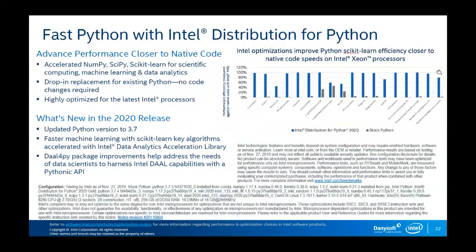So in this slide, more or less, I present the numbers and the gain of the Python distribution for the machine learning library, particularly for the scikit-learn library. Among the new features in the 2020 version of Intel Parallel Studio, we can find updates in Python 3.7 and some improvements in the scikit-learn library, which is shown here in terms of the performance gain using the 2020 distribution in comparison with another Python.